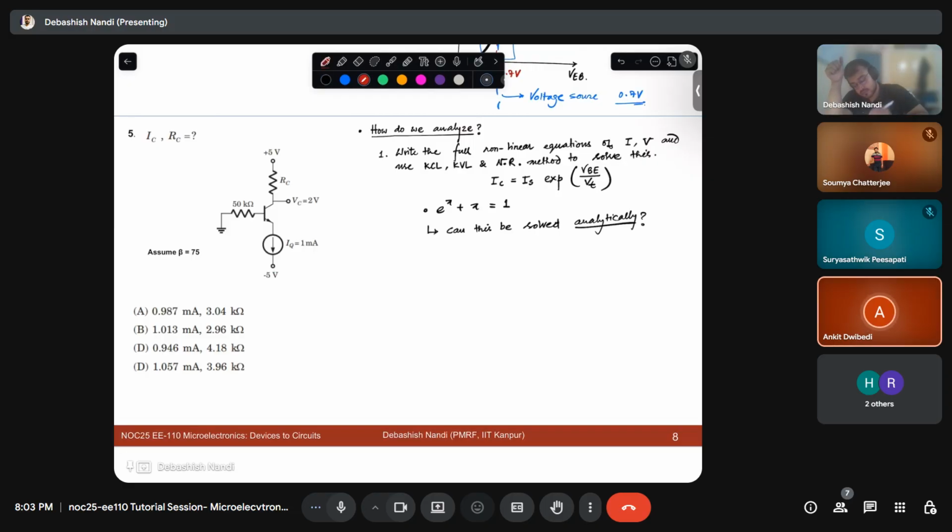Yeah, we can. How? By taking x on the other side and then taking the log of both sides. Can you get the value of x? Solving it means you should have a value of x, right? Yes, sir, it is not possible.